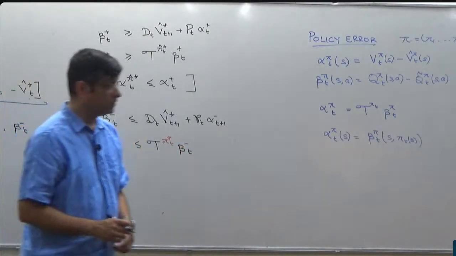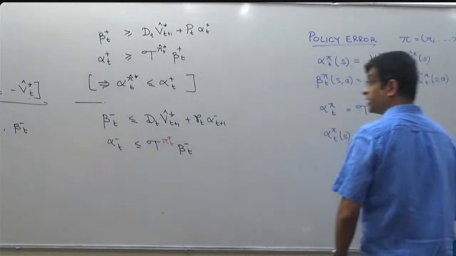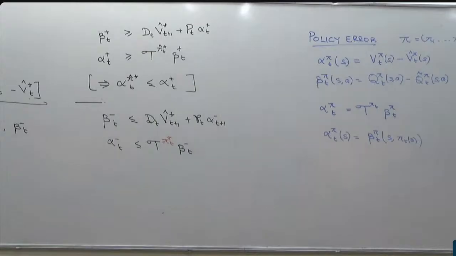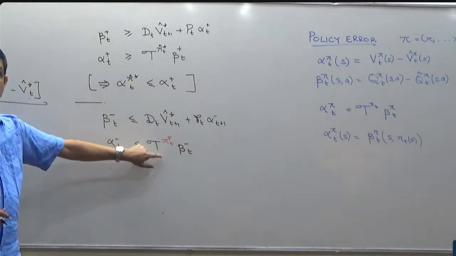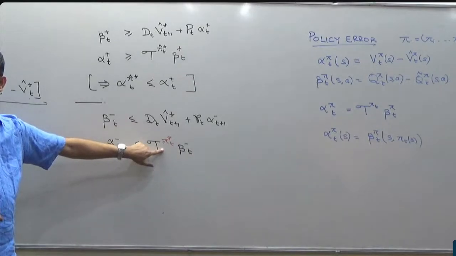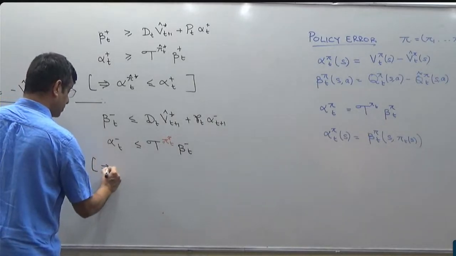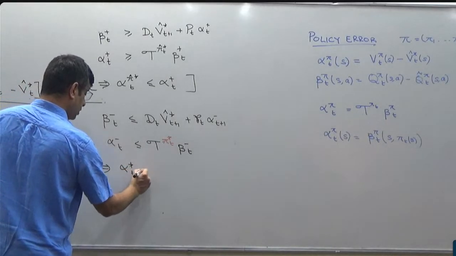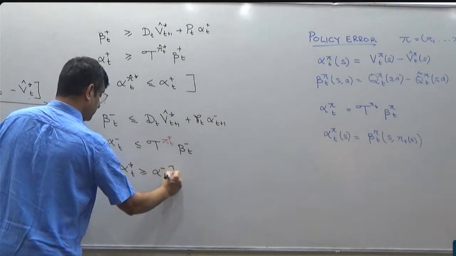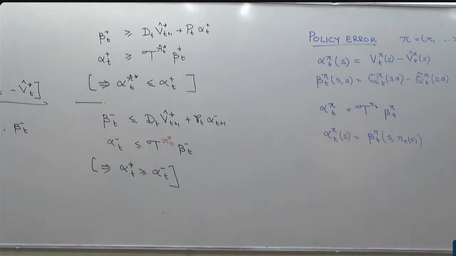Recall that in the lower bound of this object, I have the star guy of the true model. So, this is not good. I need to know the policy of the true model. Nonetheless, if I am able to compute this, I can show that this implies that alpha star t is lower bounded by alpha minus t. So, combining both of these, I will get that this object is less than or equal to alpha plus t minus alpha minus t.